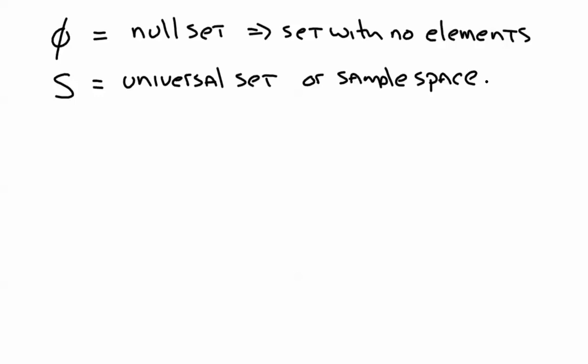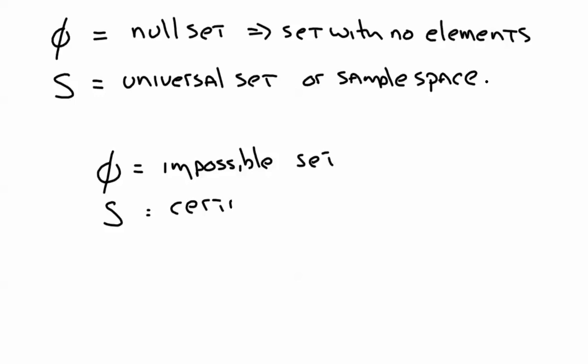The null set, phi, is the impossible event. So phi, impossible set, and S is the certain set or event.